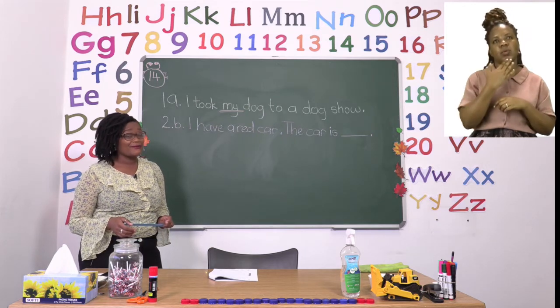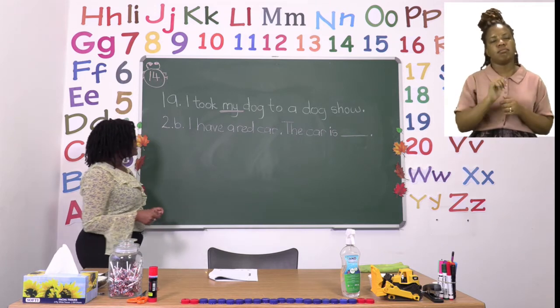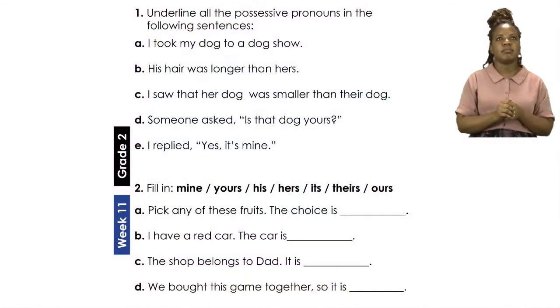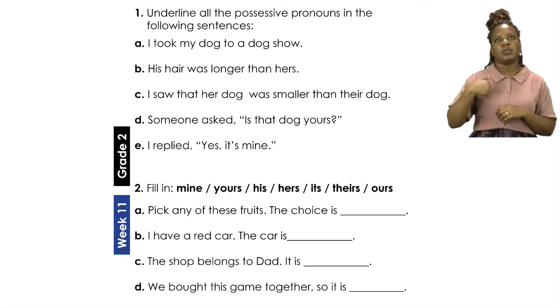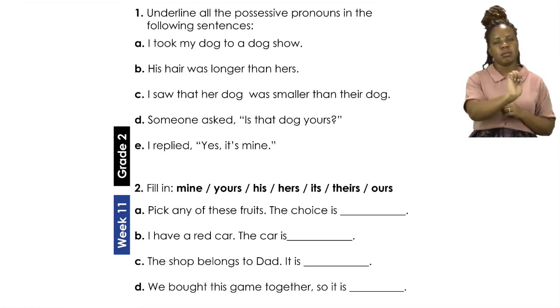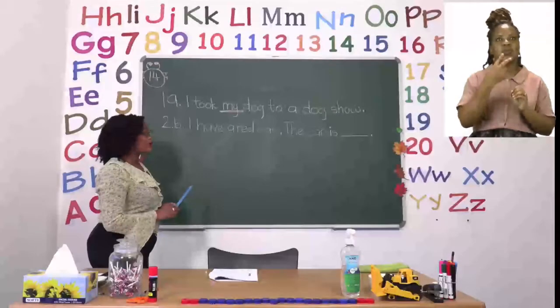Now let's move on to number 2. Same exercise. Now for number 2, the task that we have is to fill in with mine, yours, his, hers, its, theirs, or ours. And we are going to do number 2 together. So let's take a look at the board.